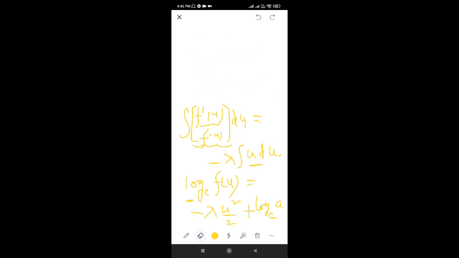Okay, now we have to rewrite this. You bring the log terms together. Then what happens?